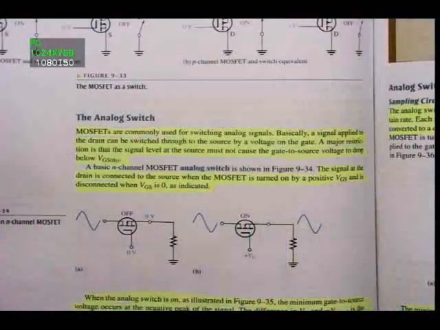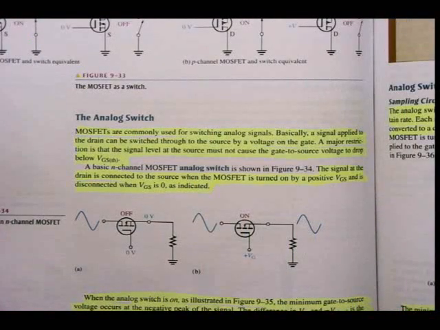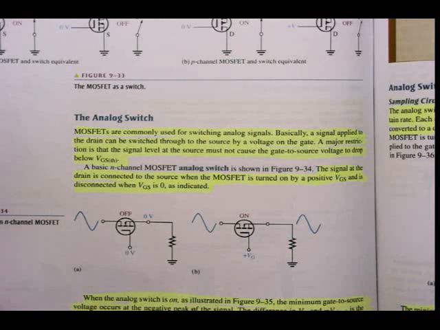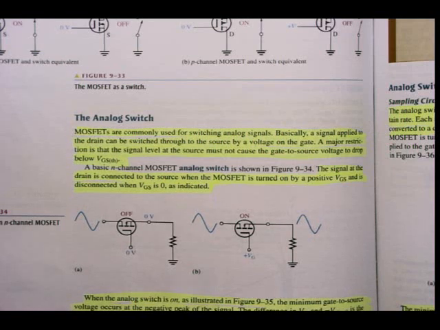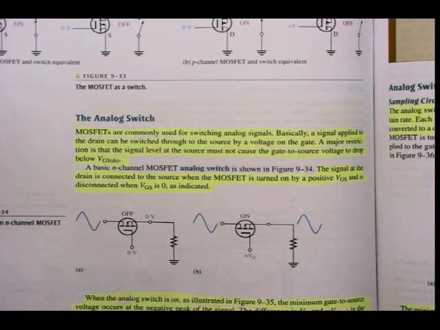But important, that last paragraph at the bottom of the page, please underline that. In connection with figure 9.35, what I've just shown you, but we will have a look at it again. When the analog switch is on, as illustrated in figure 9.35, the minimum gate to source voltage occurs at the negative peak of the signal. The difference in VG and minus V peak out is the gate to source voltage at the instant of the negative peak and must be equal to or greater than VGS threshold to keep the MOSFET in conduction.